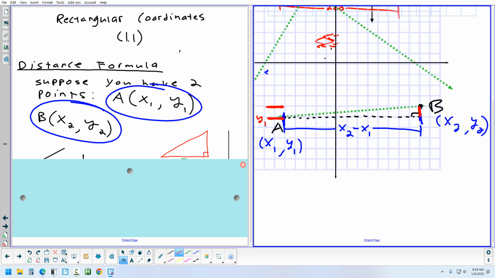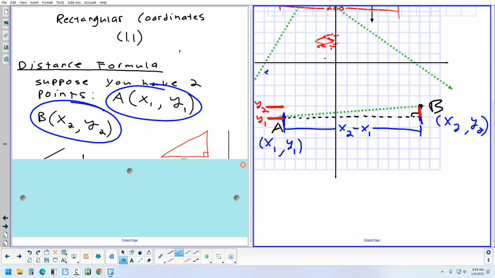The top one is y2. How would I find how far apart those two y values are?